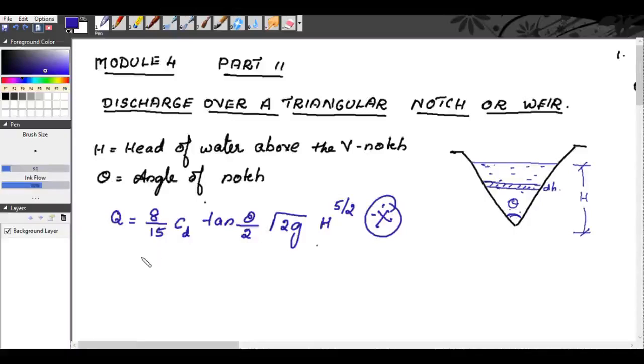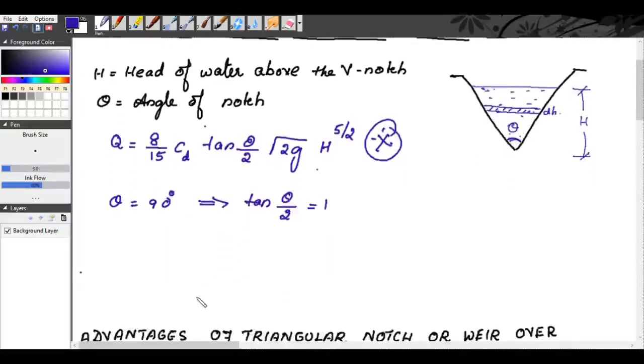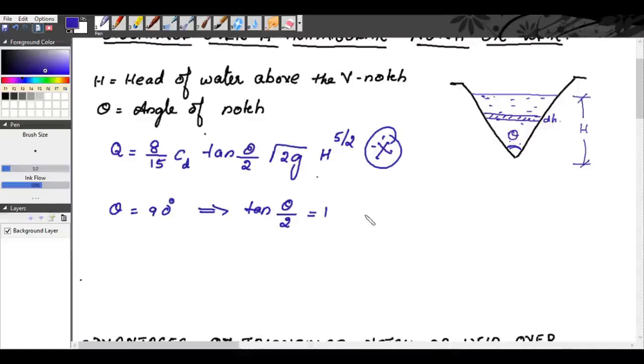Suppose the notch is a right angled triangular notch, if theta is equal to 90 degrees, then we know tan theta by 2, that is tan 90 by 2, becomes 1. And also for a right angled triangular notch, Cd will be equal to 0.6.